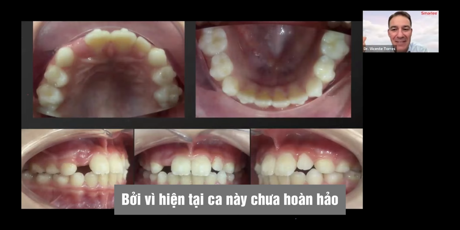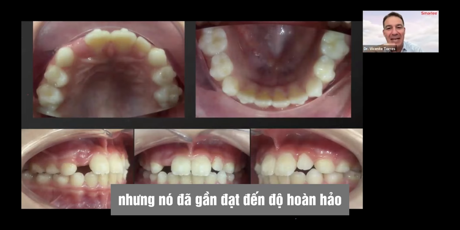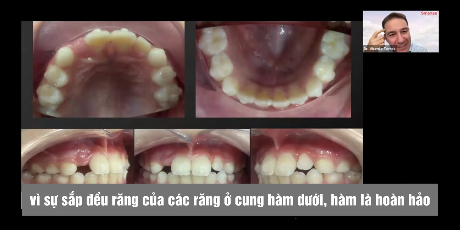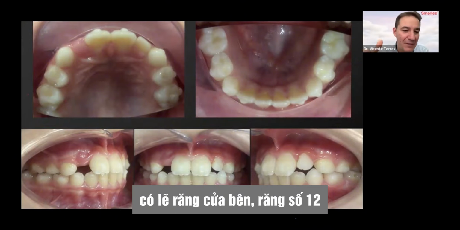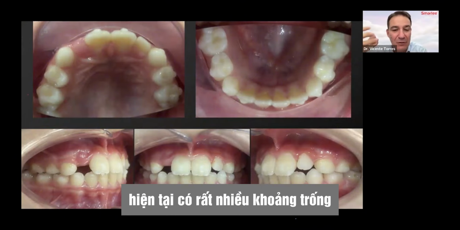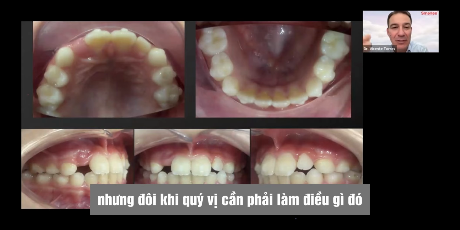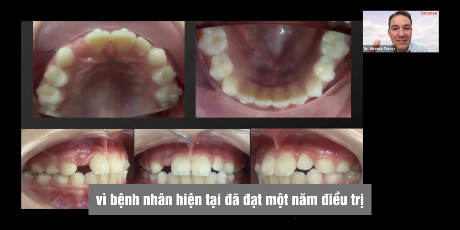Because right now the case is not perfect, but it's near to perfect, because the alignment of the teeth of the lower arch is perfect, the upper is perfect, the lateral incisor, tooth 12, is in eruption and has a lot of space, but sometimes you need to do something because the patient is not 1 year of treatment right now.